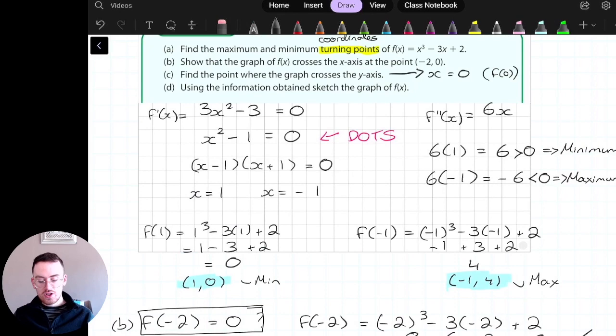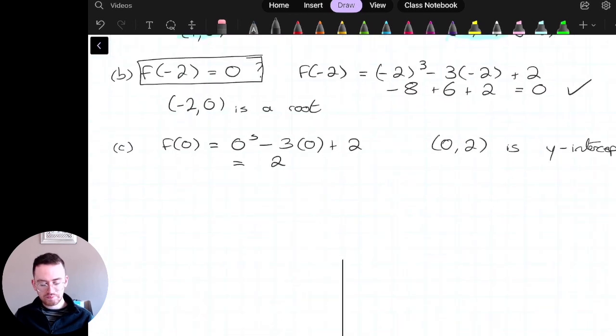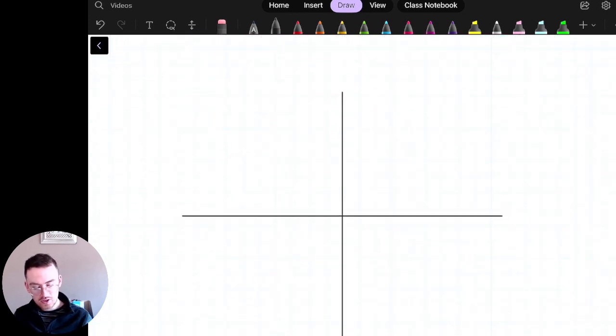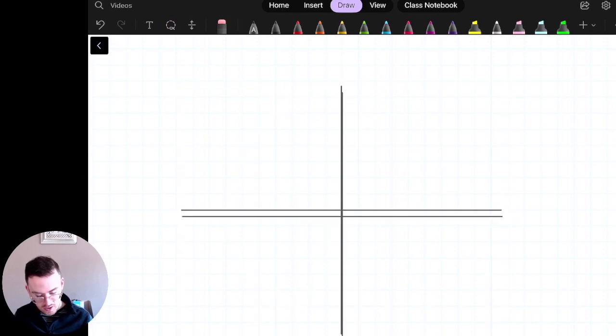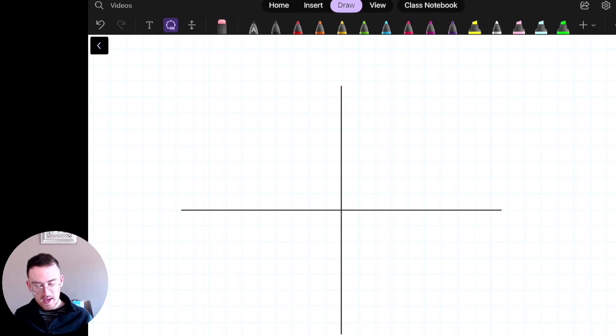Now we're told to use this information to sketch the graph of f(x). So let's see how we can use those points in order to sketch this graph. I'm just going to make sure my axes in the middle are centered on those lines. I'm going to take 2 squares as being 1, just to give me room to work with.